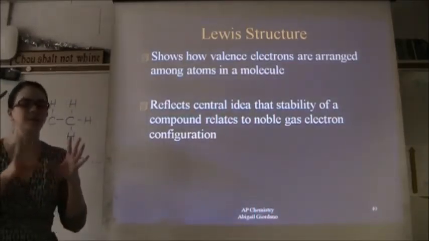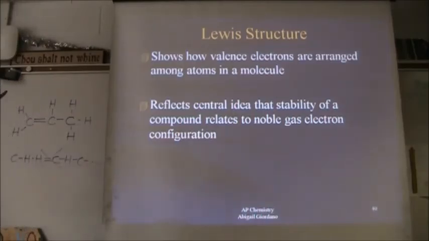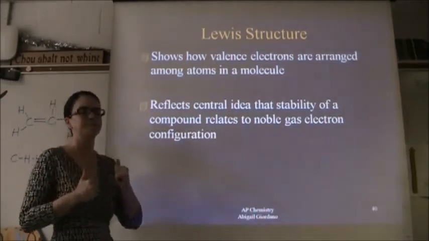And let's be even a little bit more specific. I'm going to talk less and less about how many individual electrons are around an element. I'll talk more about how many pairs are around an element. 8 electrons is how many pairs, ladies and gentlemen? 4.